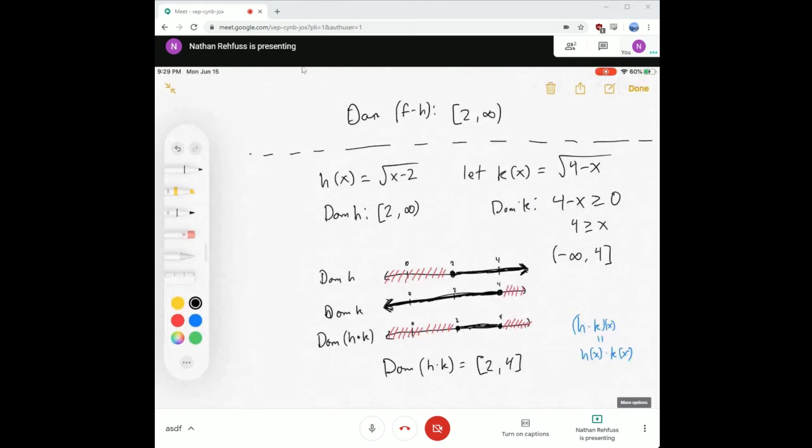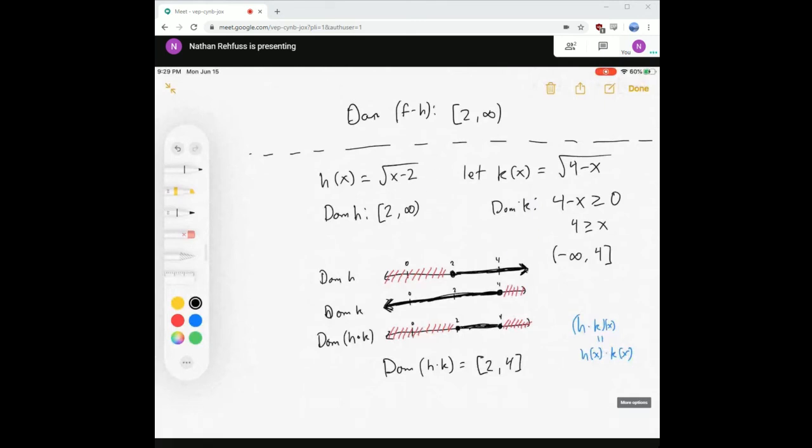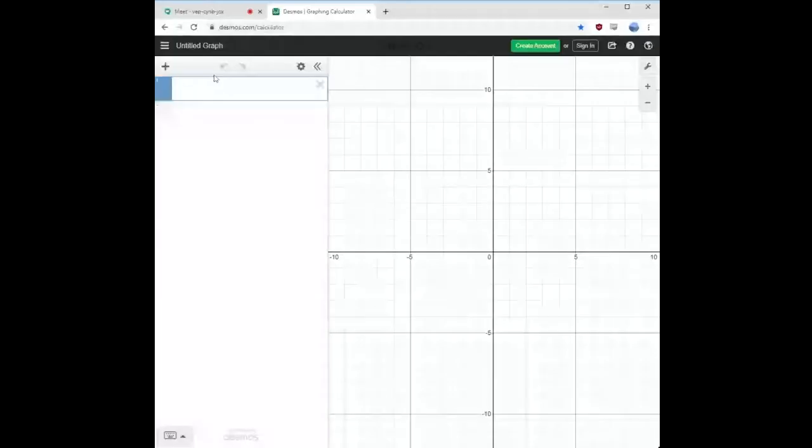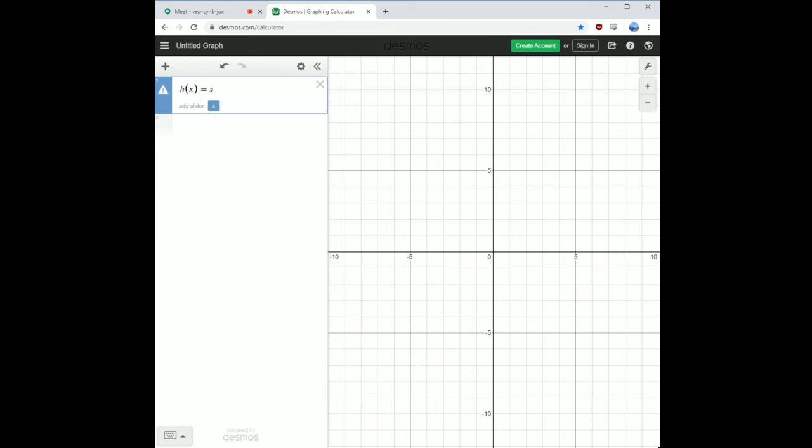Let's see a graph. One moment while I pull up a graphing calculator. So I said that h of x equals the square root of x minus 2.